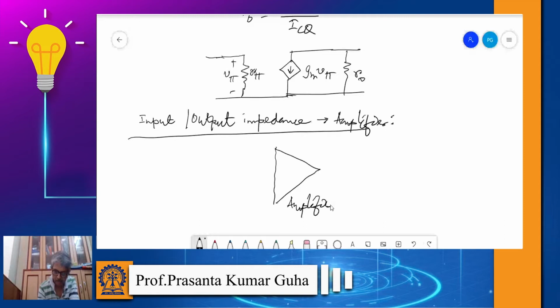This amplifier block will be interfaced with an input system whose signal we are going to amplify, okay, and it will be delivered to a load, right?